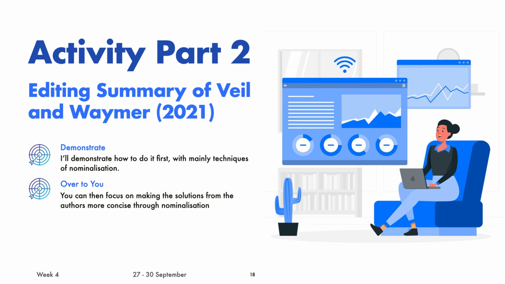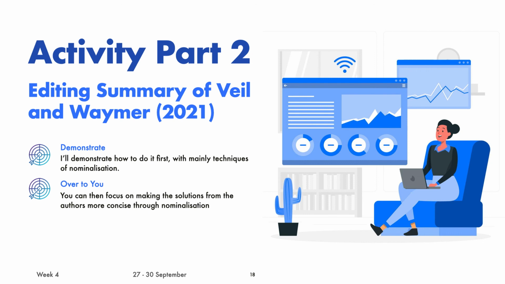Okay, so based on the techniques that I have already shown you in the previous slides in the lecture content, I will demonstrate, and then you will take over. You will focus on making the solutions from the authors more concise through nominalization.